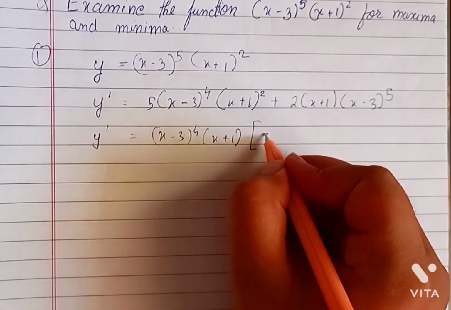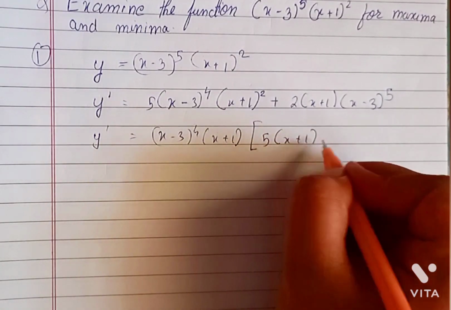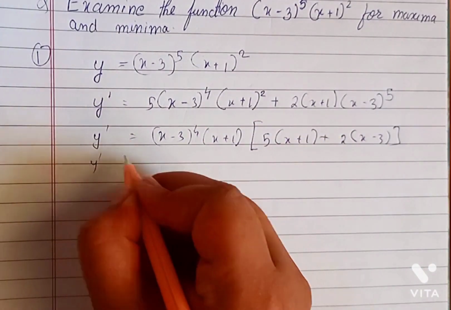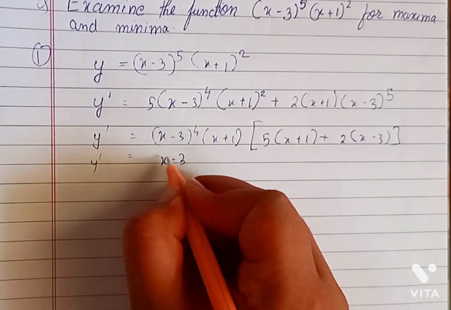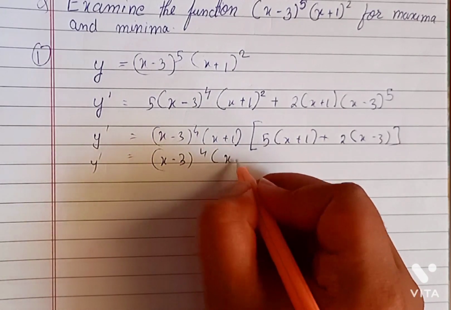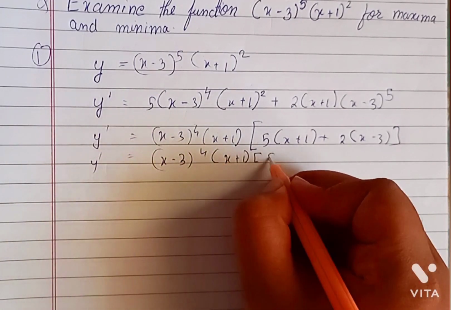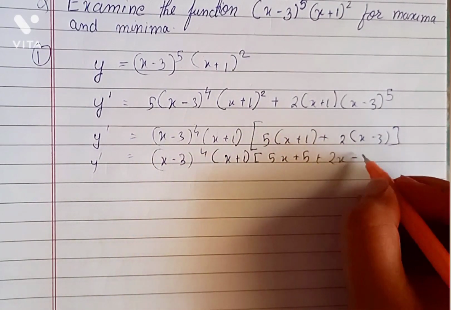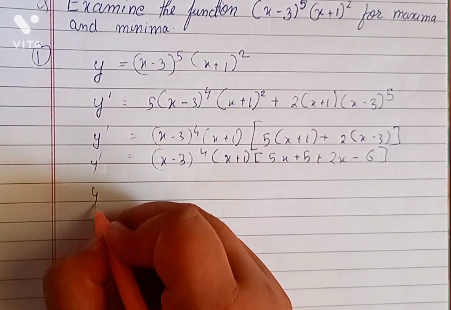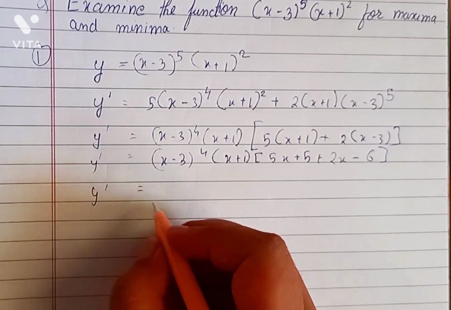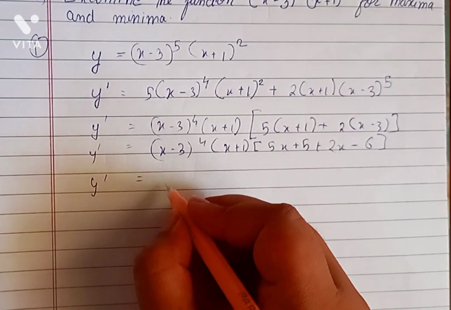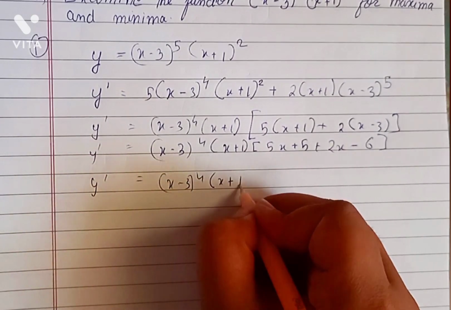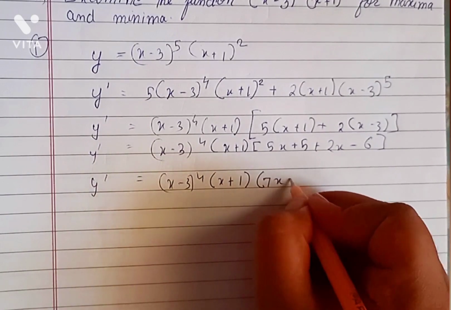Now inside it's left 5(x plus 1) plus 2(x minus 3). Solving it further, I'll get (x minus 3)^4 and (x plus 1) into 5x plus 5 plus 2x minus 6. So y dash is equal to (x minus 3)^4 into (x plus 1) into (7x minus 1).